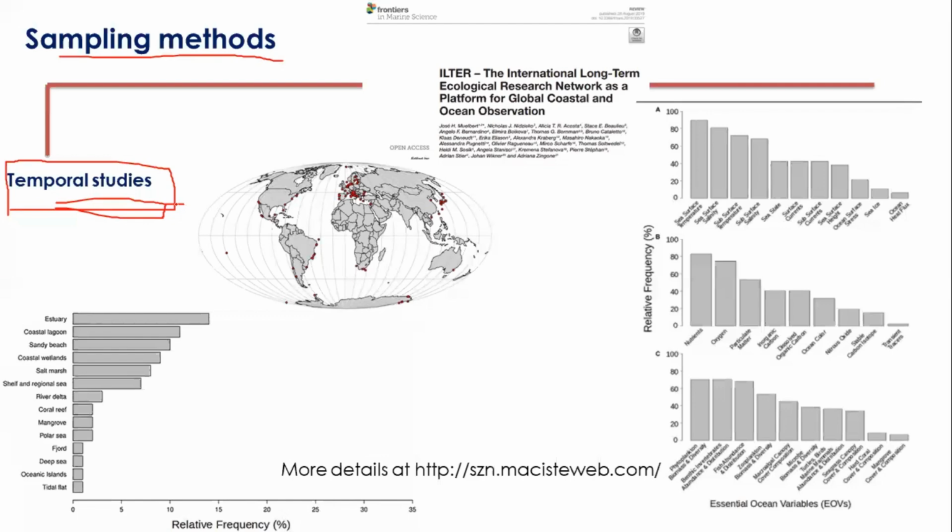For doing temporal studies across the world, we have several long-term ecological research networks or long-term ecological monitoring sites. In these sites, people have been investigating for the last 30, 40, 50 years.